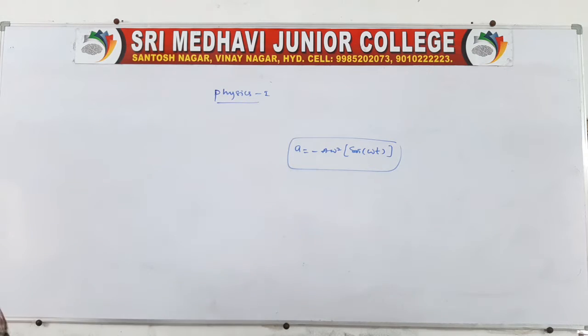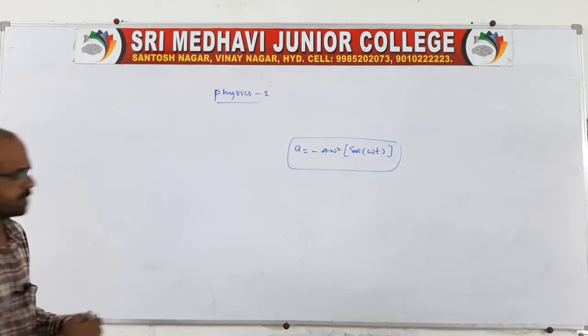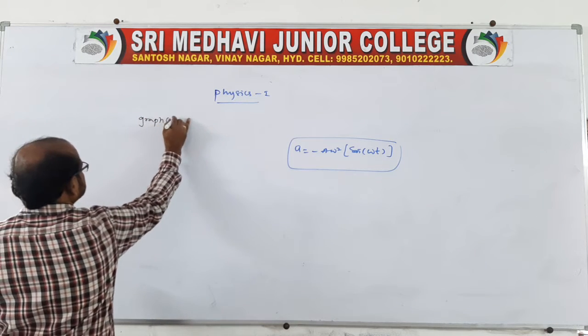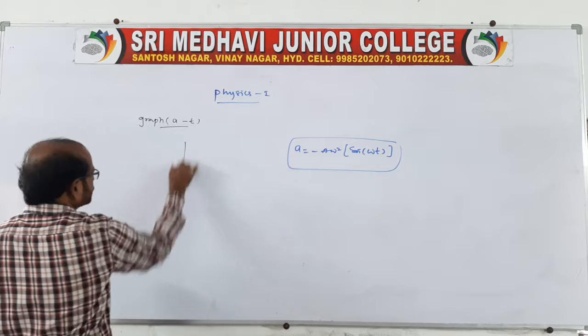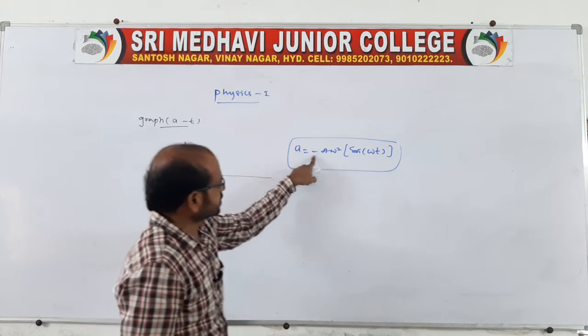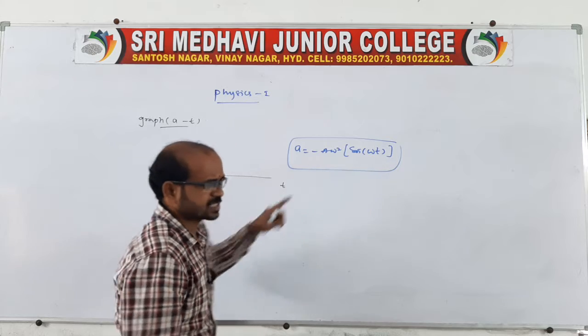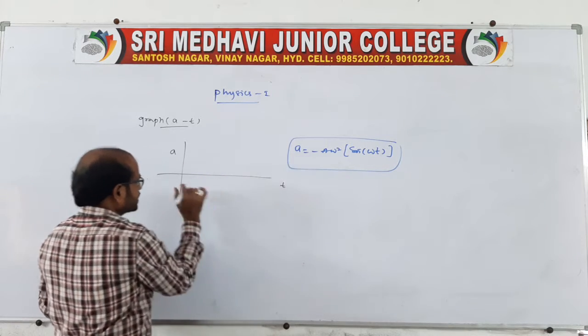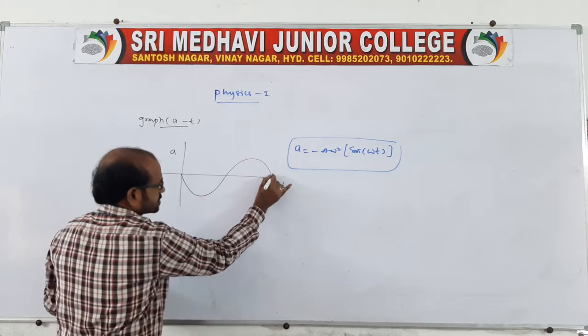Take a graph of acceleration and time, with time on one axis and acceleration on the other. Here it is represented as sin omega t. Of course, it starts from the origin only, but it is given as minus, so it goes negative like this.